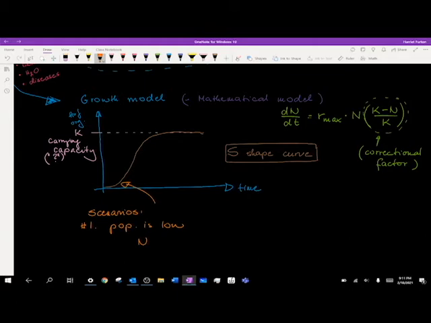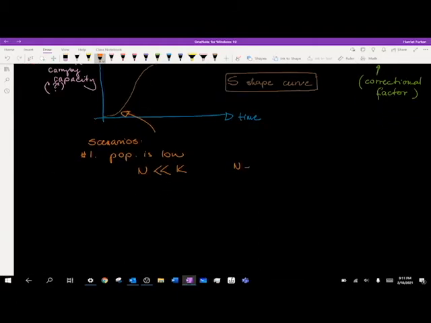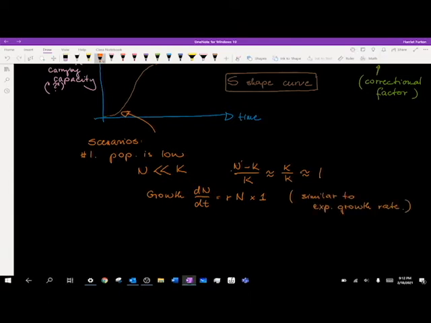When the population is low, the N, the size of the population, is really small compared to the carrying capacity, so the correctional factor is really close to 1. So the growth of a population, delta N over delta T, is R times N times 1. That is really similar to the exponential growth rate. The R is the growth rate.